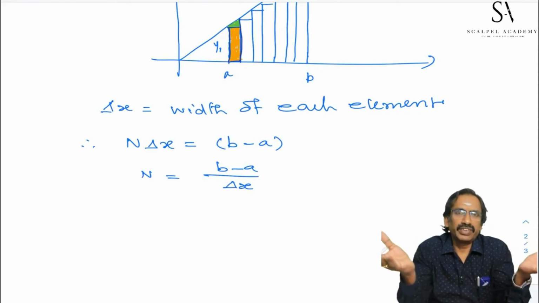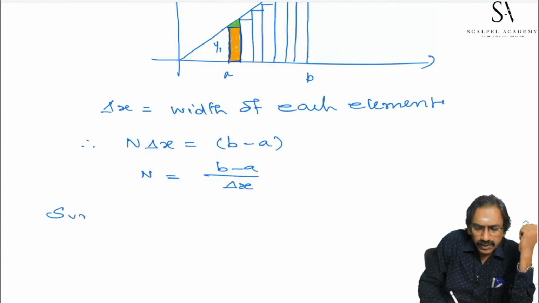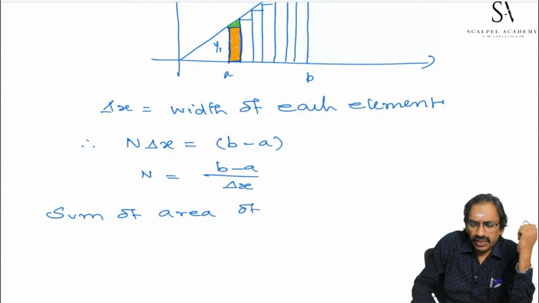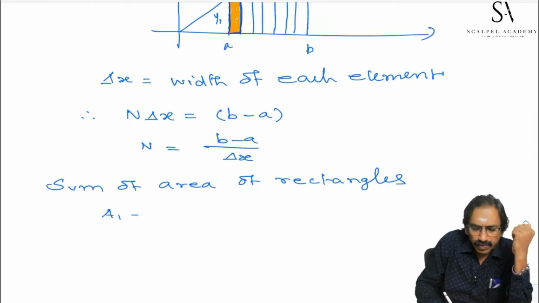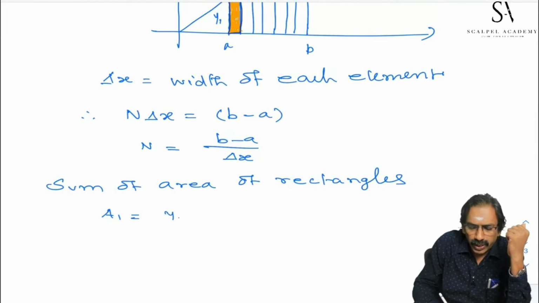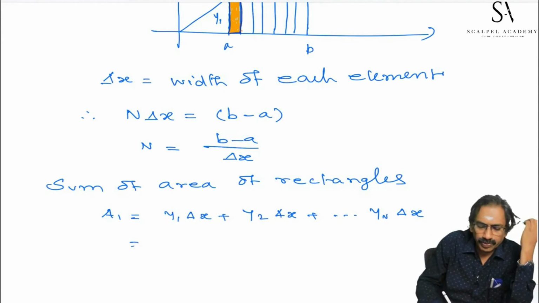Next, the sum of the area of triangles. Sum of the area of rectangles, shall I take it as A1? First one, y1 delta x. Second, y2 delta x. Dot dot dot. The last one, yn delta x.